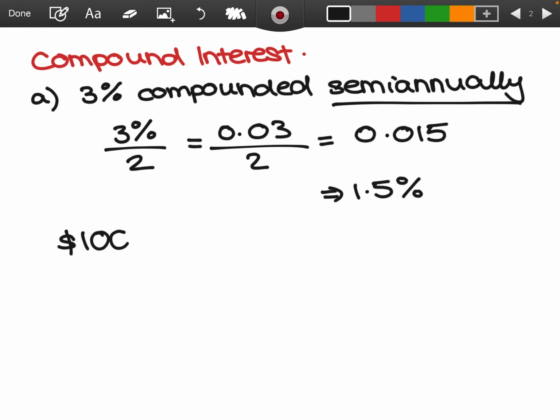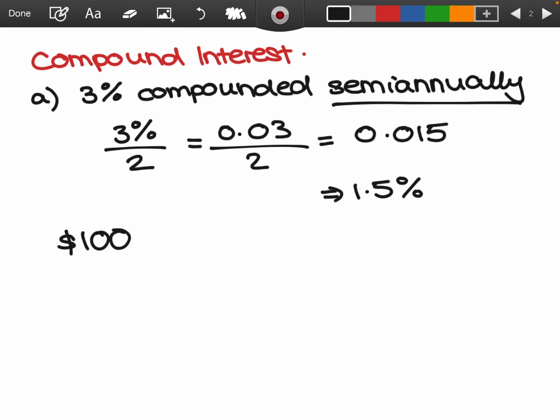So let's say in this example, I started out by putting $100 in a savings account. If they told me at the bank when I deposited that $100 that my interest rate was 3% compounded semi-annually, I would say, okay, I've got this 3%, but it's compounded semi-annually, which means I've got to divide it by 2 because that 3% is going to be split over 2 periods.